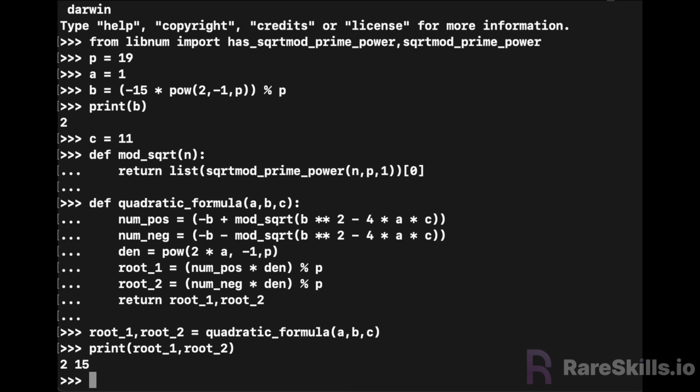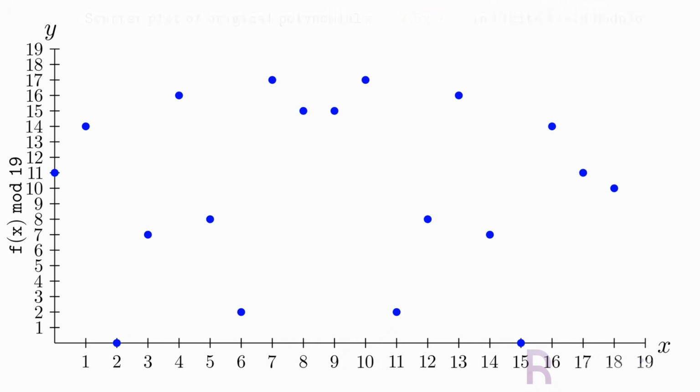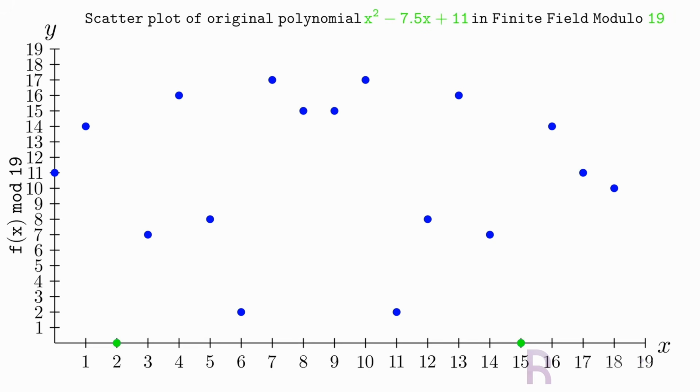And indeed, we see that we have arrived at the same answer for roots of 2 and 15. Here is the plot of the original polynomial x raised to the power 2 minus 7.5x plus 11, but in modular form. Note that the roots are at 2 and 15 like we predicted.